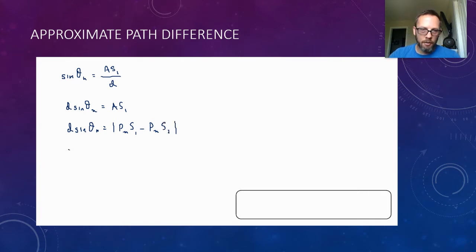And finally, PNS1 minus PNS2, we said that was n minus a half times lambda. So this is really cool, guys. If I rearrange that, this can go in the box here. We get an expression for sine theta n equals n minus a half times lambda over D.